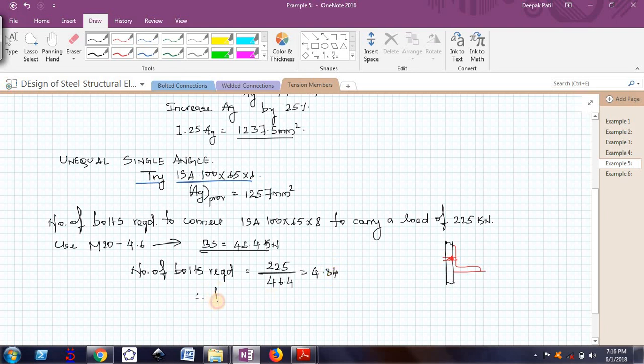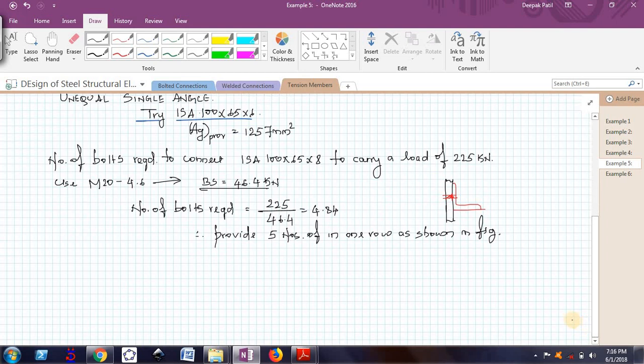So therefore provide 5 numbers of bolts in one row as shown in figure. Okay, right? So I need to provide 5 numbers of bolts in one row as shown in figure.